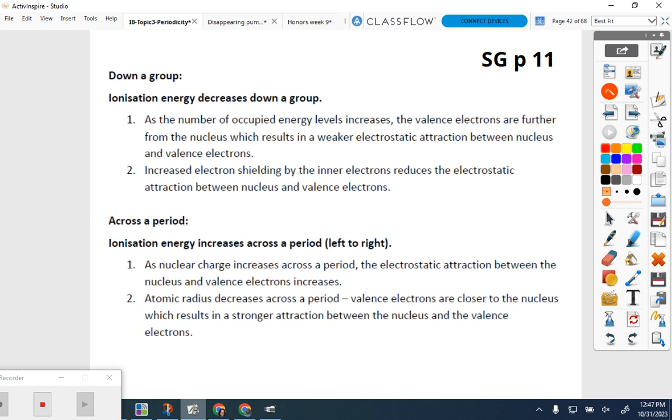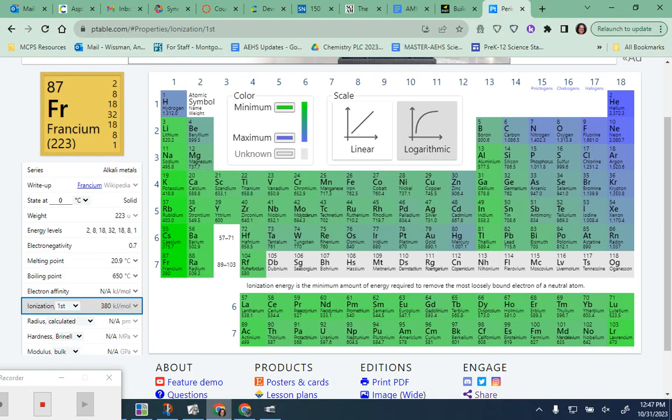Okay. If you look at going down a group, again, it's not always obvious, but you can generally see a trend towards a decrease. So we start with a high ionization energy at the top of a group, and it goes down as we go down the group. Why is that? Kathy? Yeah.